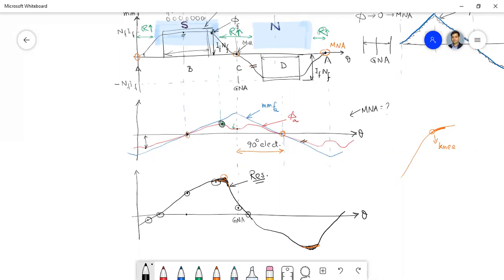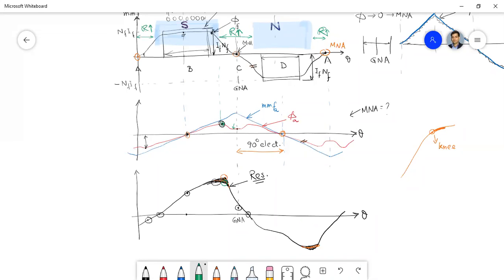Now if it is possible to measure the flux at every point in this air gap periphery, the practice says that you will not get that high flux. Due to the saturation, you will get some less flux over there.